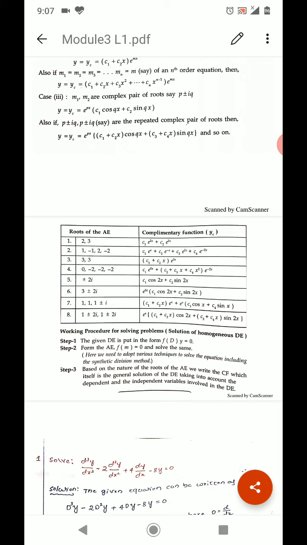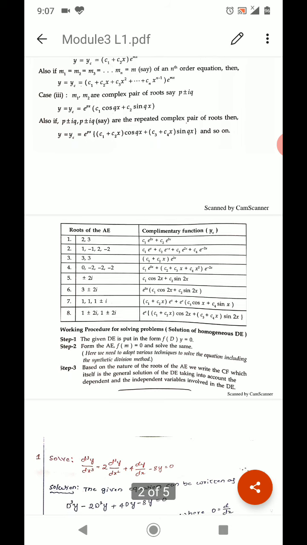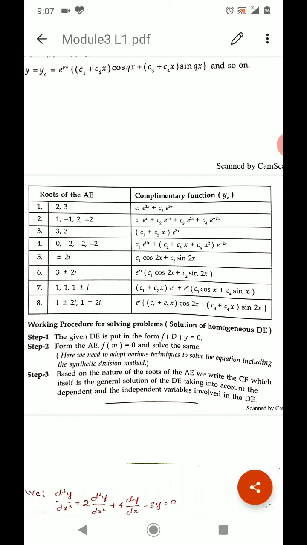In third example, we have roots 3 and 3, that means real and coincident. Therefore the complementary function becomes (c1 plus c2x) e power 3x.